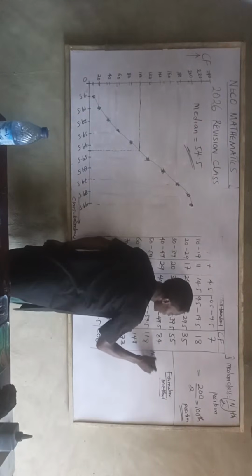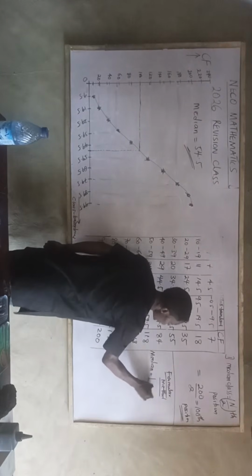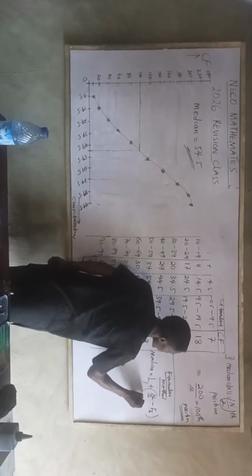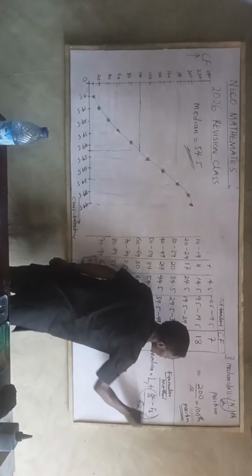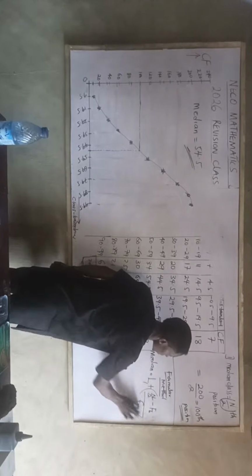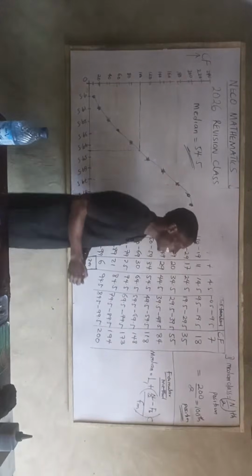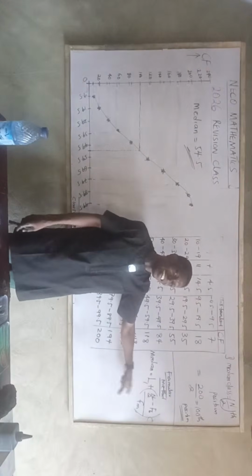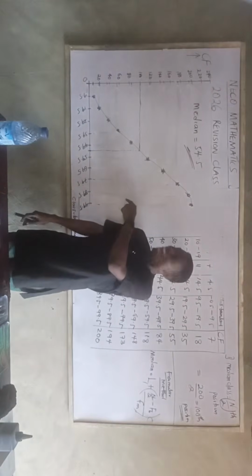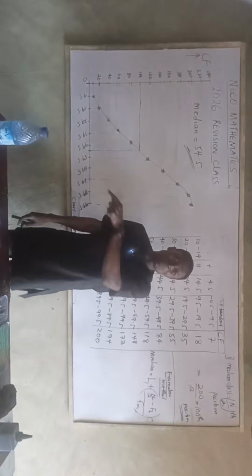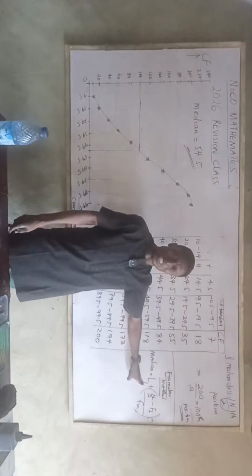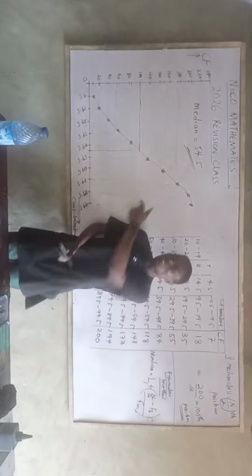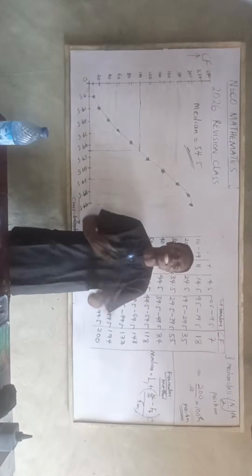Note that median equals L1 plus (N over 2 minus FB) over FM, multiplied by C. This is the formula if you are asked to calculate it, rather than using the graph. I just used the graph to calculate the median. But peradventure you are asked to calculate the median, this is also the way to calculate it. So now let's calculate it, and let's juxtapose it with that which we got on the graph, and see how accurate they could be.